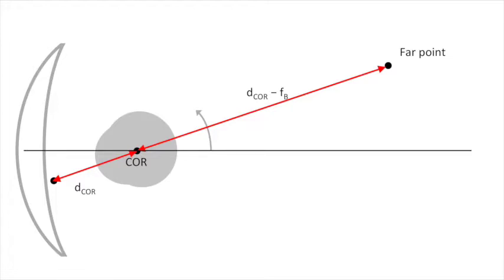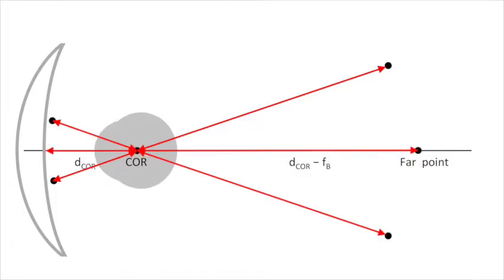So now let's show those three directions of gaze on a single diagram. What we have is three locations of the far point and three locations representing the distance D_COR.